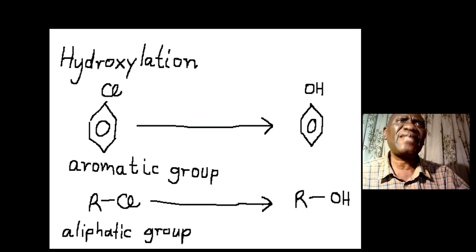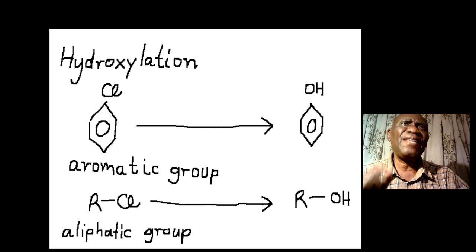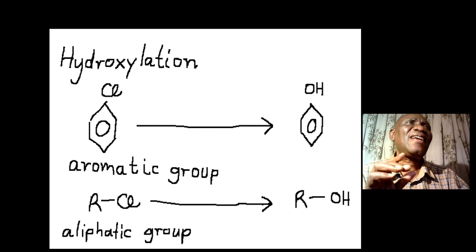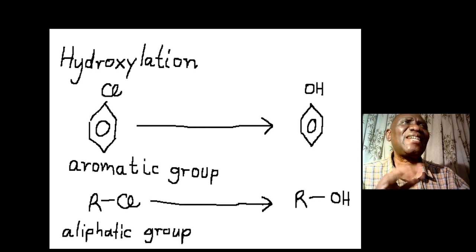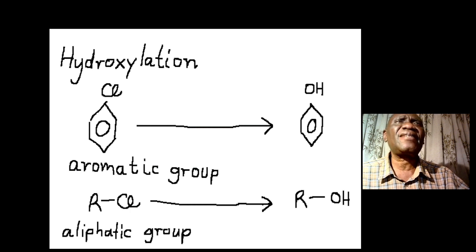Now this can be replaced by a functional group which is known as the OH. Either it could be on the benzene or aliphatic group. So please remember that if you observe a chlorine atom on the chemical structure of any pesticide, suspect that hydroxylation can take place as a way of destroying that pesticide within a living system.